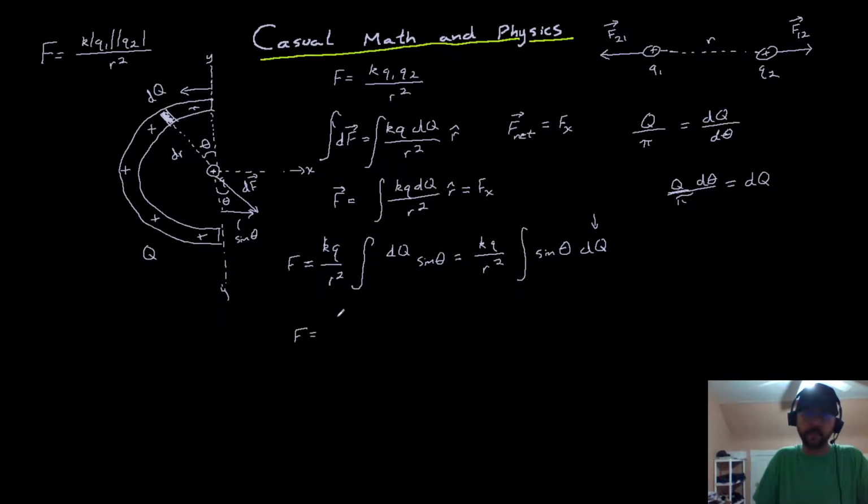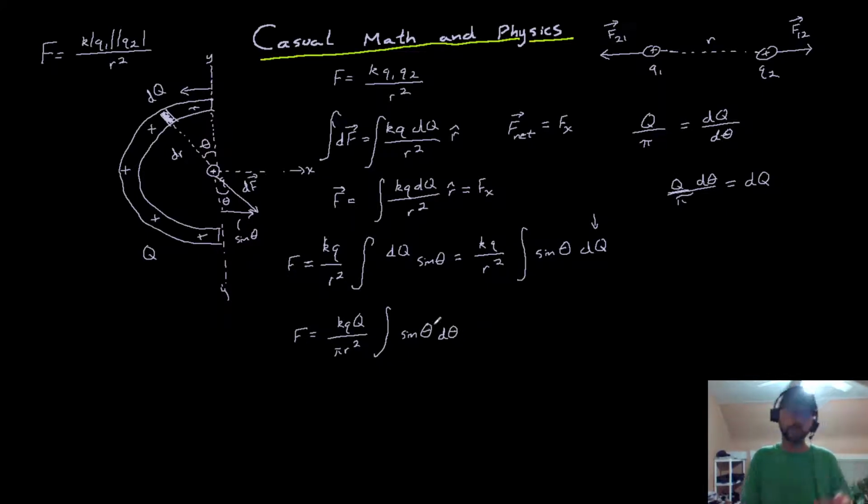So force equals, let's bring those to the outside, k q q over pi r squared times the integral of sine of theta d theta. Oops, I wrote q there, d theta.